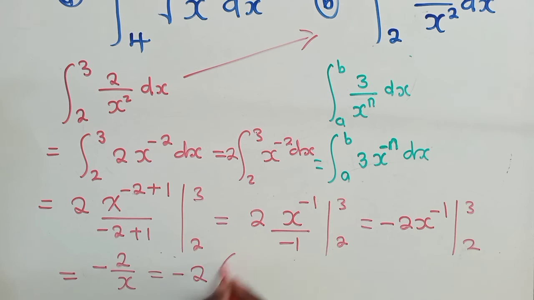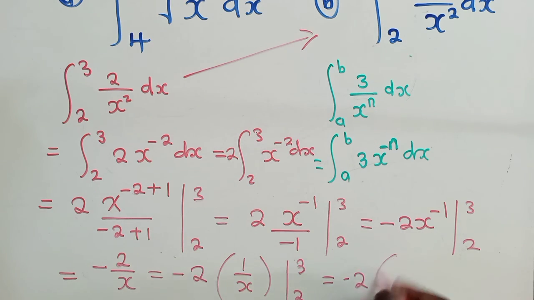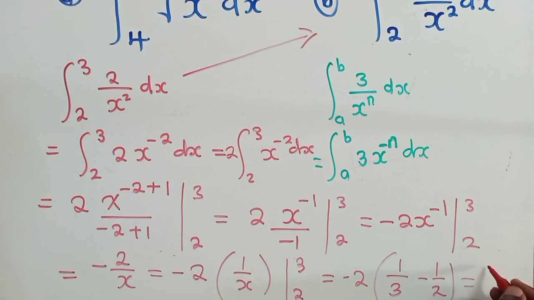So we shall have a negative 2 there, 1 over x, and the limits 2 to 3. All this will just be 1 over 3 minus 1 over 2, when we plug in these limits, 3 here and 2 here. When we simplify this, we shall get 1 over 3, and this is our solution. Thank you so much.